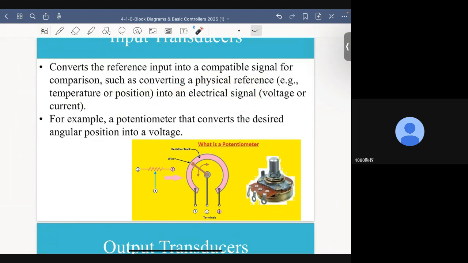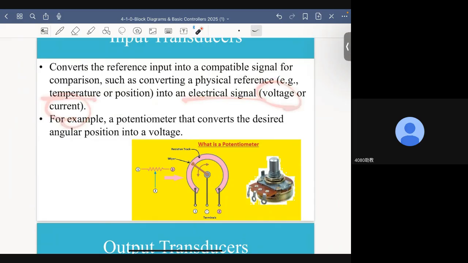So somehow you have to come up with a calibration scheme to convert temperature into electric signals, such as voltage or current.